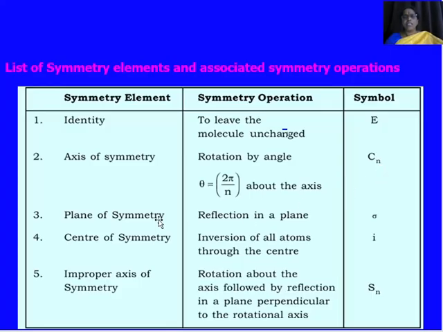Plane of symmetry is reflection in a plane, denoted by the symbol sigma. Center of symmetry or inversion center is inversion of all atoms through the center, denoted by the symbol i. Improper axis of symmetry is rotation about the axis followed by reflection in a plane perpendicular to the rotational axis, denoted by the symbol Sn.